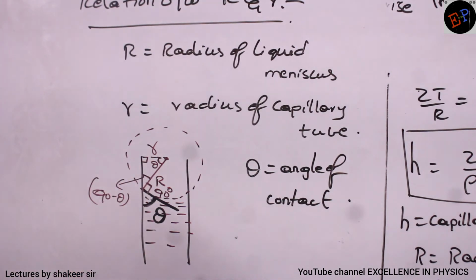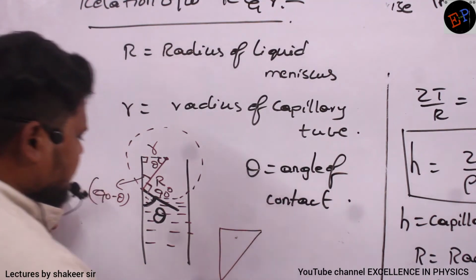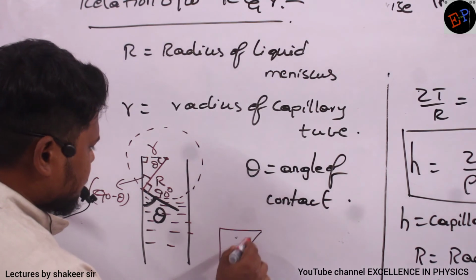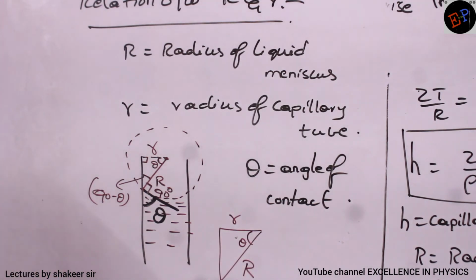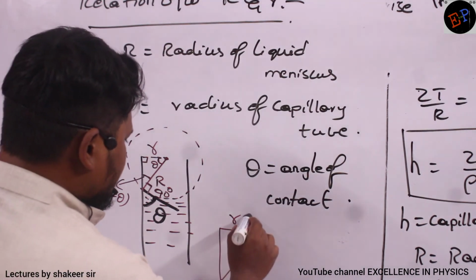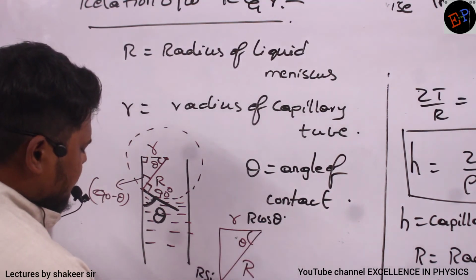Therefore, what is the figure which is formed here? The figure which is formed is this one. So this is R, this is theta, this is small r. So split this capital R into two components. Then this becomes R cos theta and this becomes R sin theta.